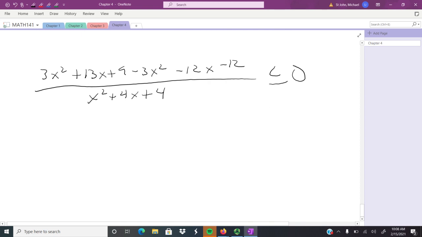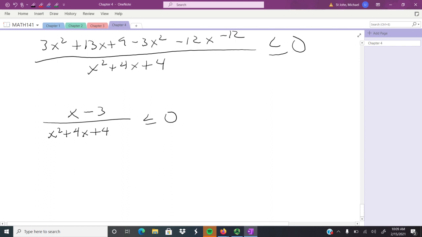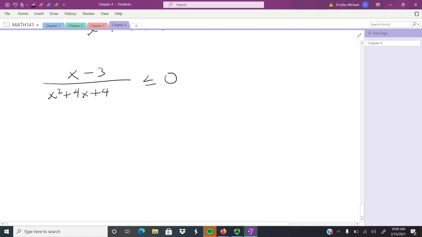And so 3x squared minus 3x squared, that goes away. 13x minus 12x will be x. 9 minus 12 will give us a minus 3 over x squared plus 4x plus 4. Well, the only way this can be 0 is if the top goes to 0, and so x equals 3.